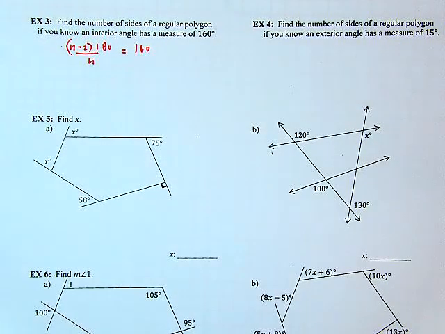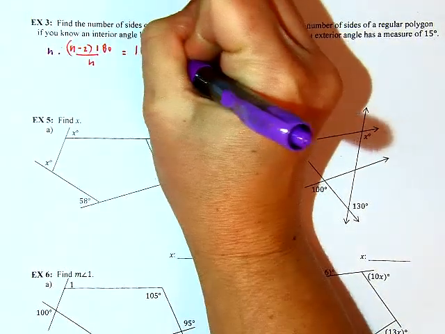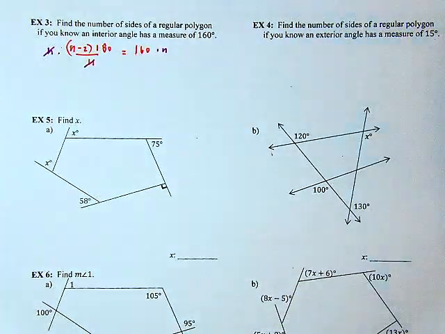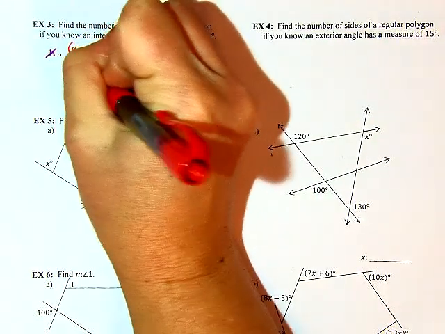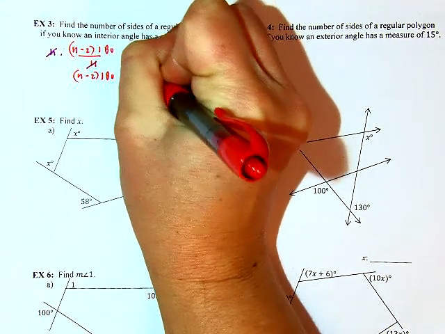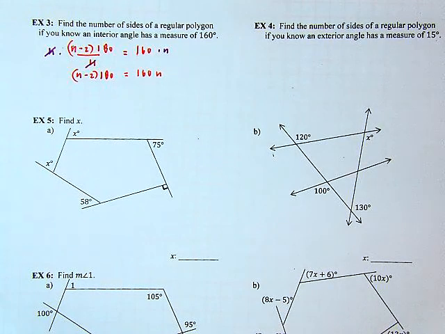Again, it's an algebra problem. I have to solve for n. I like to clear my fraction first, so I'm going to multiply each side by n, which goes to 1 and 1 right here. So now I have n minus 2 times 180 equals 160n.